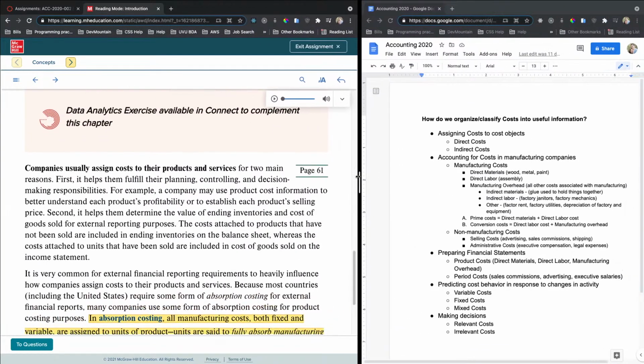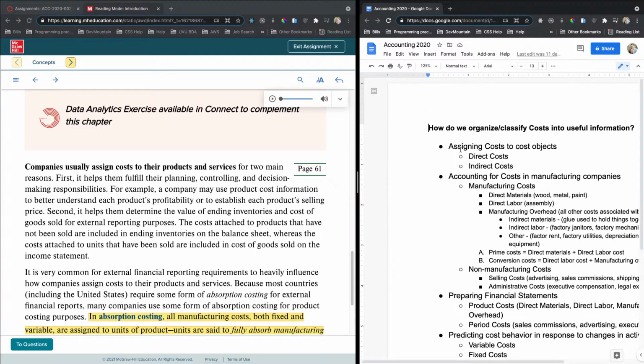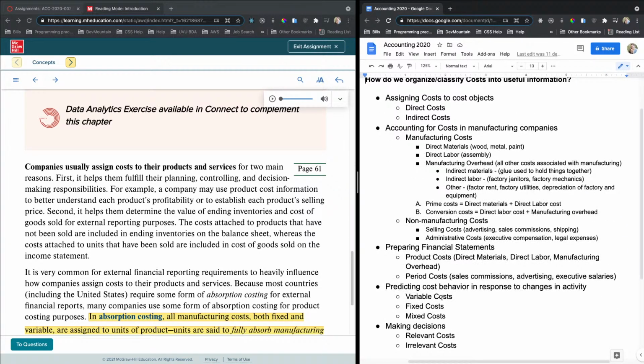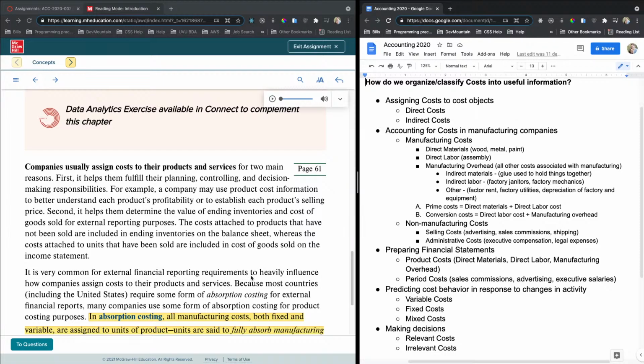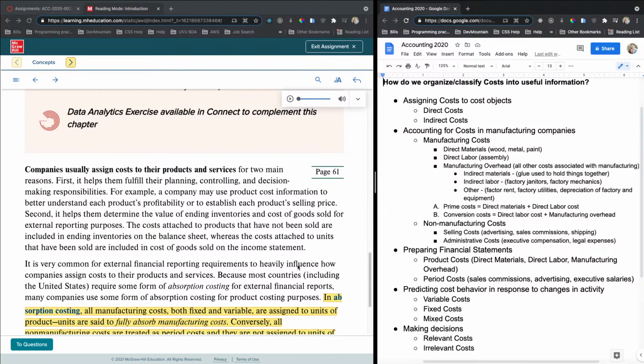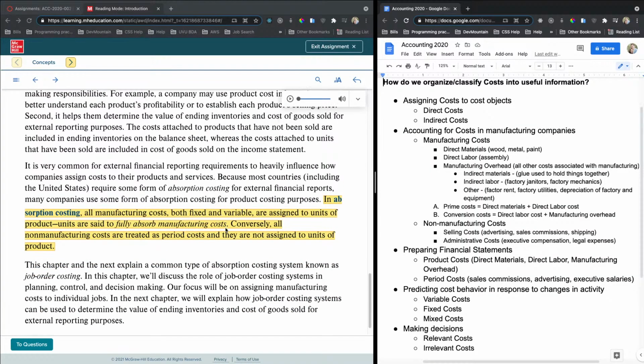Okay. Let's zoom in just a bit here. Okay, good.